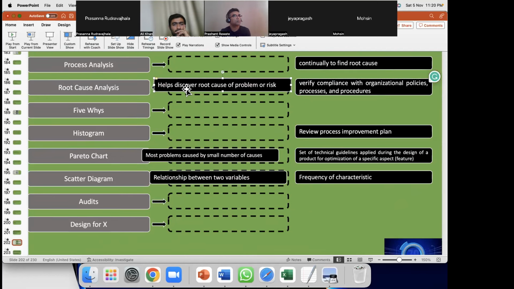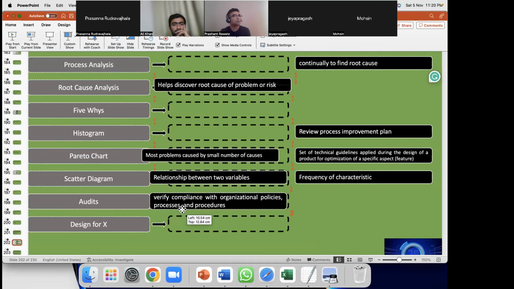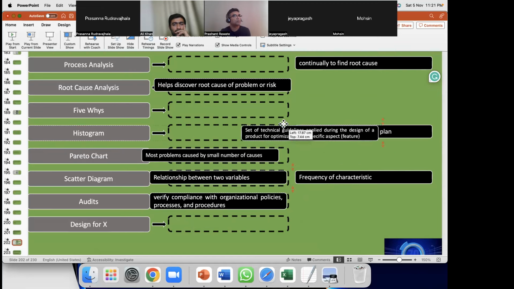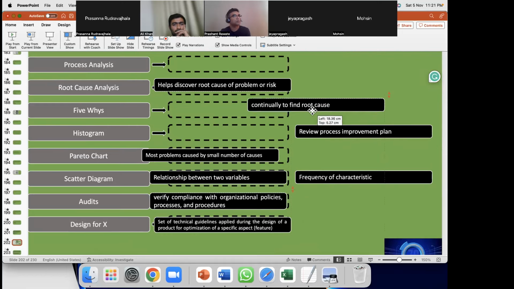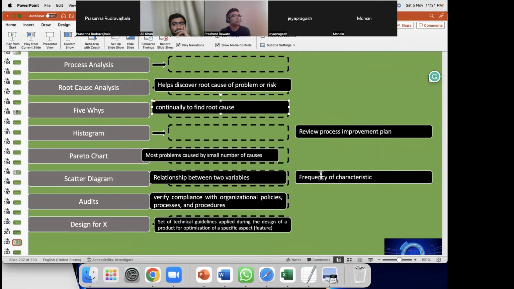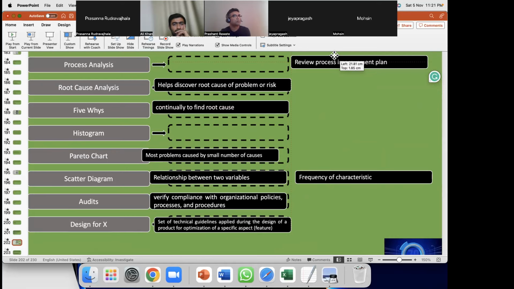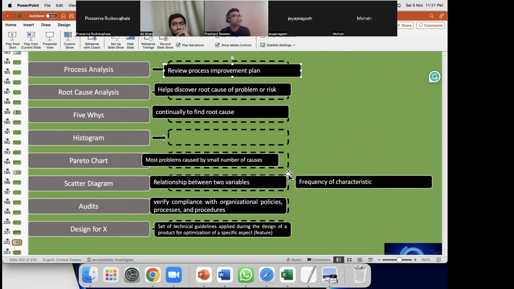Verify compliance with organization policies: process audit. A set of technical guidelines applied during the design of a product: design for X. Continuity to find root cause: 5 whys. Review of process improvement plan and frequency of characteristics: histogram.